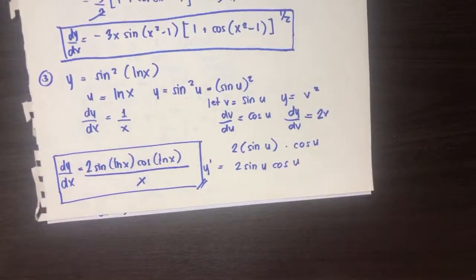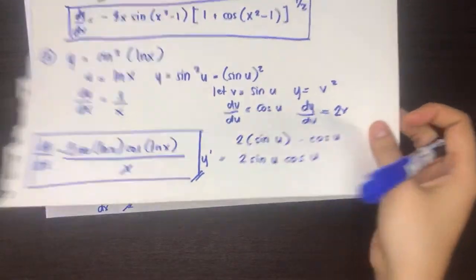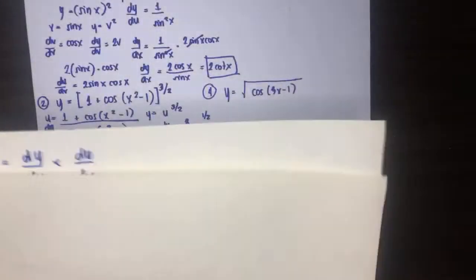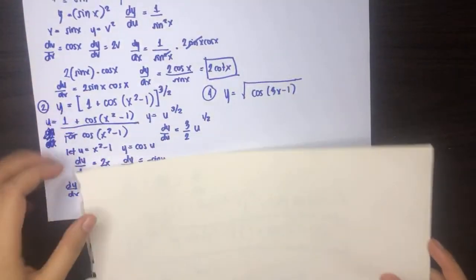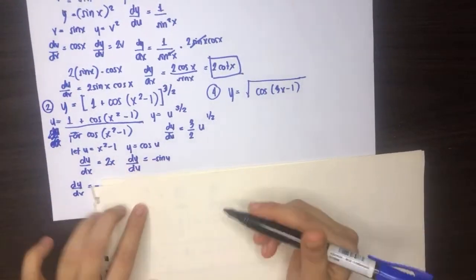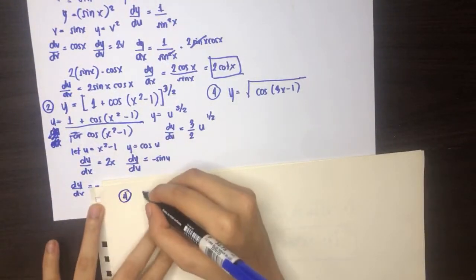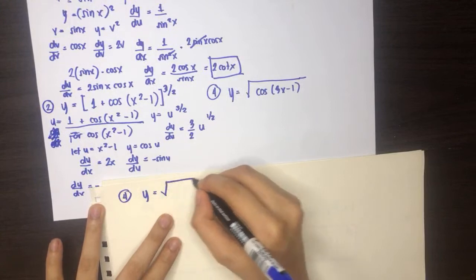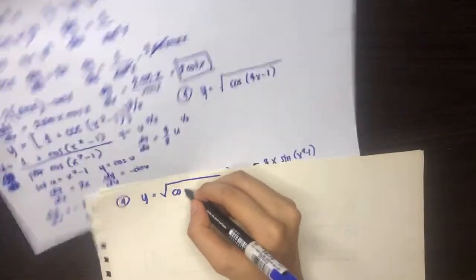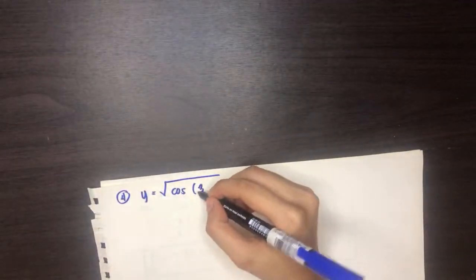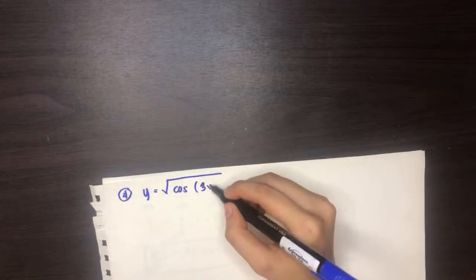For the last, which is number 4. Number 4 is square root of cosine 3x minus 1.